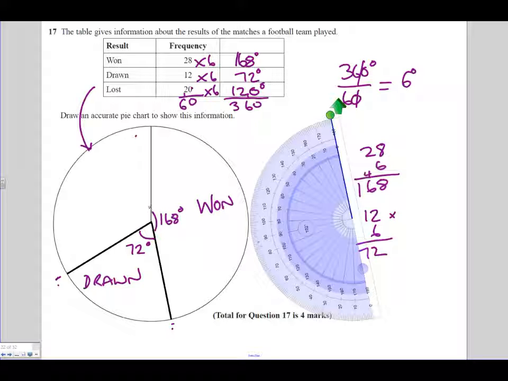And that should leave 120 degrees as the final piece, and write down what it represents. The final thing with a pie chart is I would probably give it a title. And that's the pie chart.